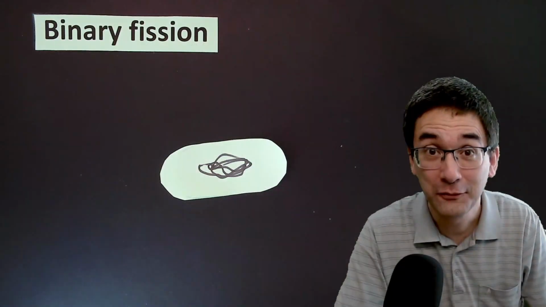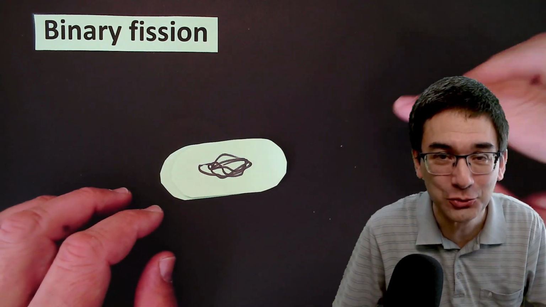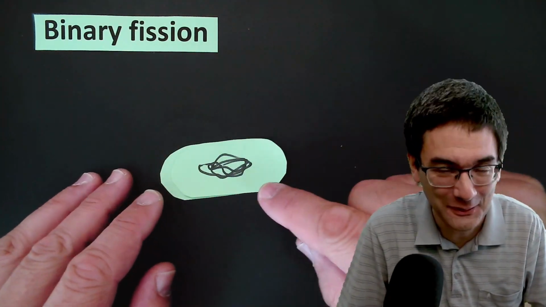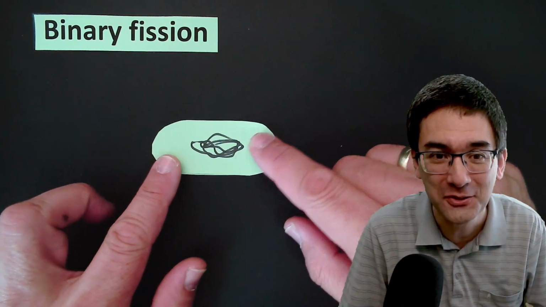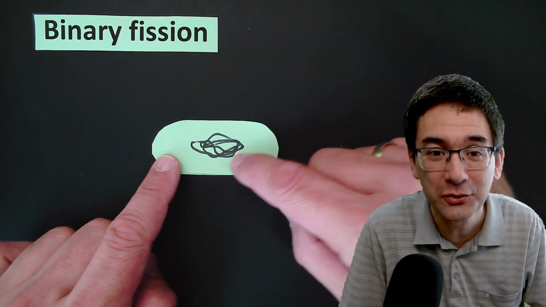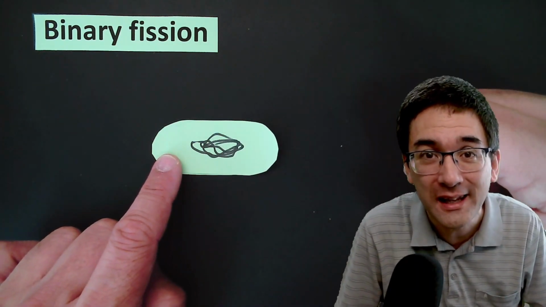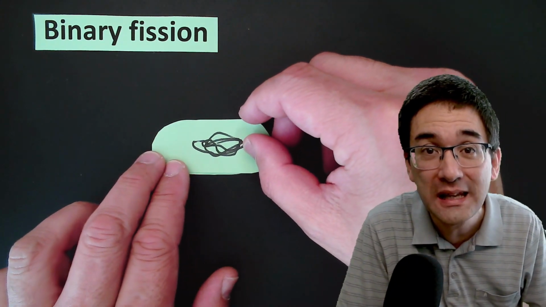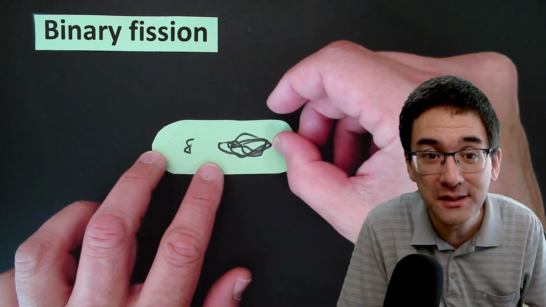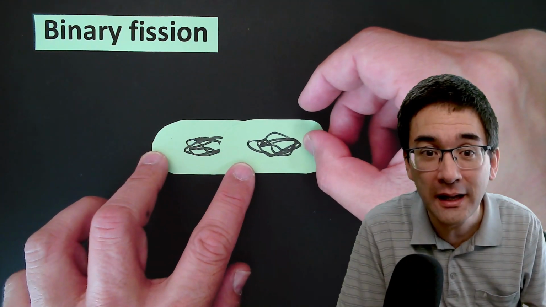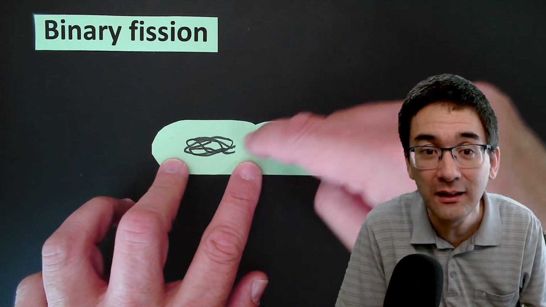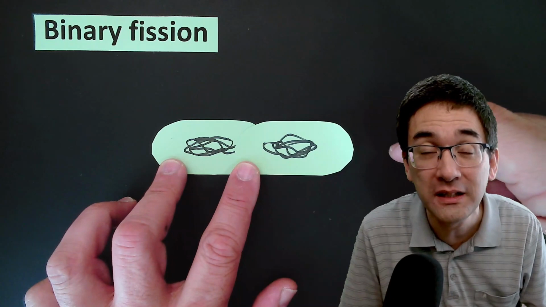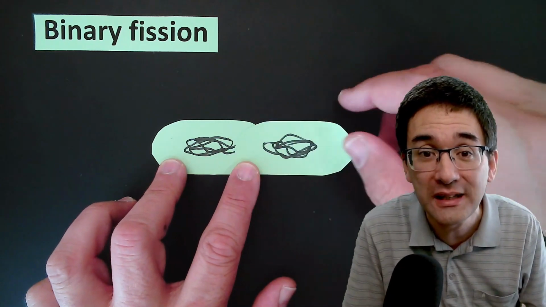I have to be honest, I didn't quite like the drawing that I made, so I prepared some cutout pieces. This is supposed to be my prokaryotic cell. In here we have the DNA, and as the cell grows in length, the DNA is also copied. Look what happens: the DNA is copied, and we still only have one cell, but there are two DNA molecules in the cell.